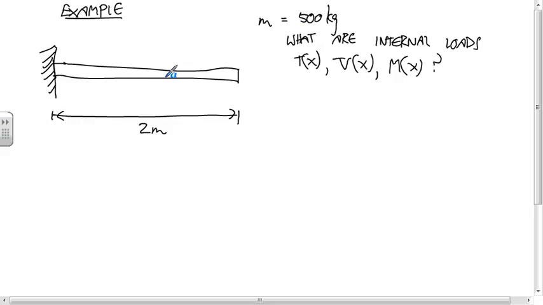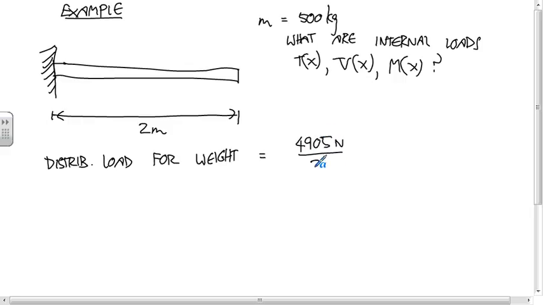And so the distributed load for the weight is 4,905 newtons divided by 2 meters, and that's 2452 newtons per meter.